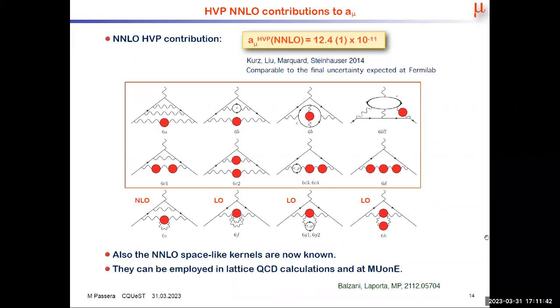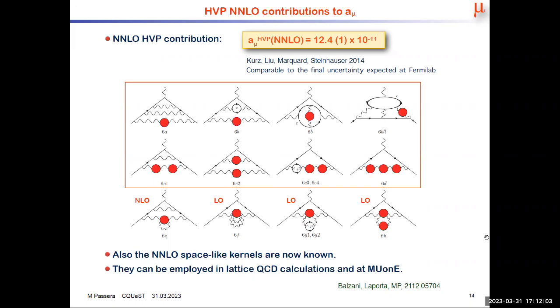So perfectly under control. Again, also for this one, together with Stefano Laporta and Lisa Balzani, we computed the kernels for the space-like region, which are the kernels needed for the lattice community and the MUonE experiment that I will tell you about at the end.